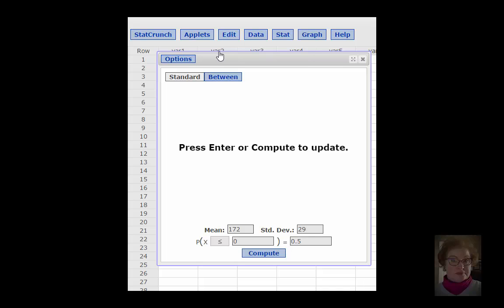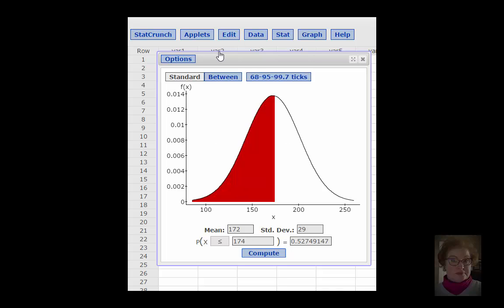And I want, what's the probability that x is less than, and I already have less than 174 pounds. And I simply click compute, and there I have the same answer that I got off of table A2.